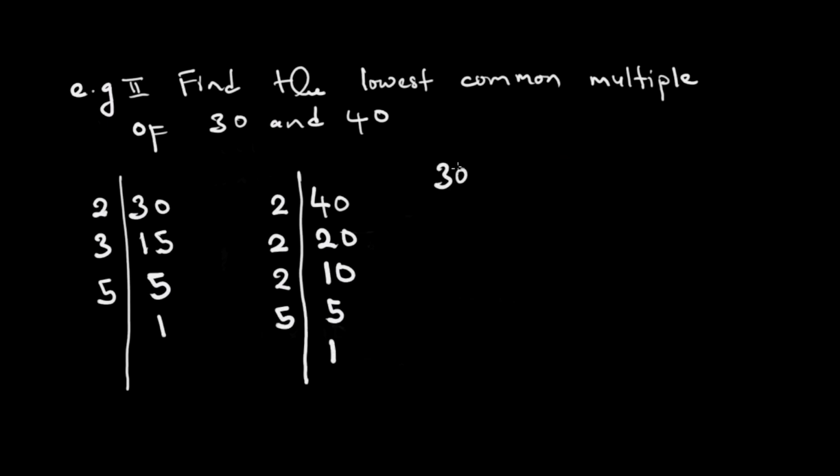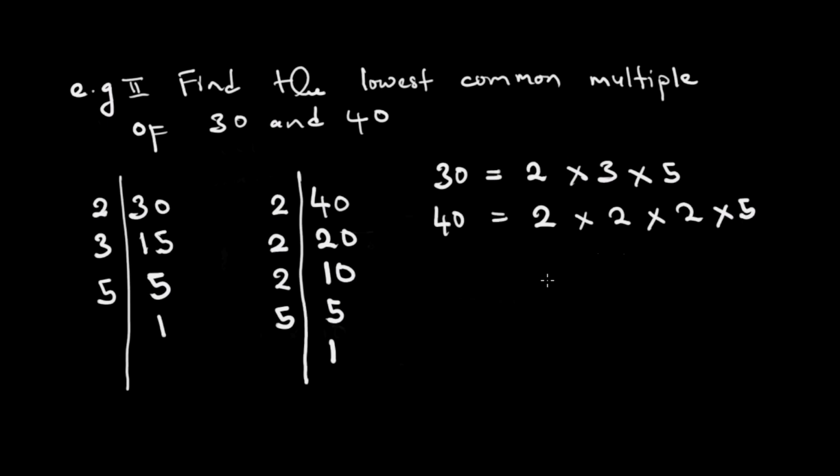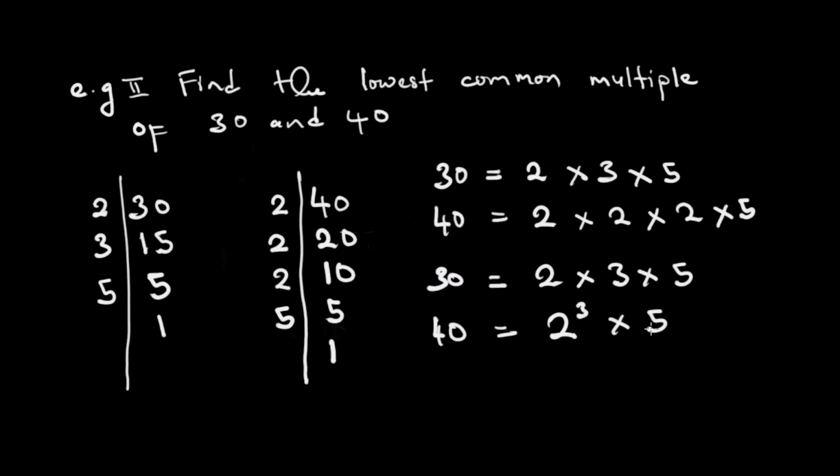Kureva kuti 30 are equal to 2 times 3 times 5. 40 are equal to 2 times 2 times 2 times 5. Kada kuexpressa ma-factors aya as powers, 30 ichava equal to 2 times 3 times 5. 40 ichava equal to 2 to the power 3 times 5.